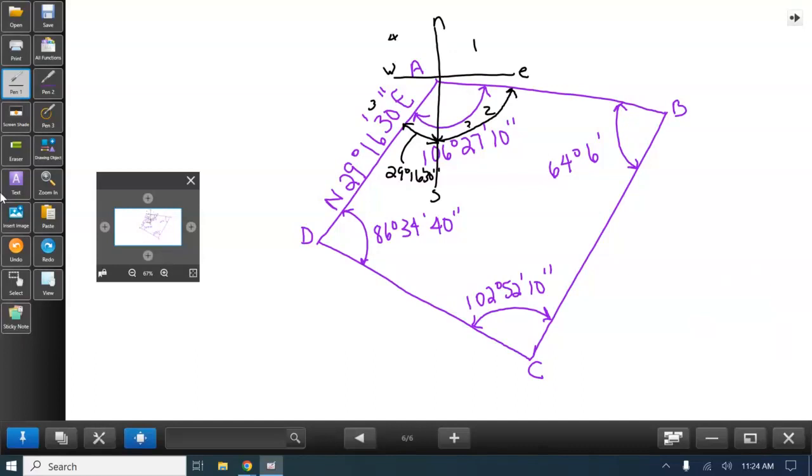So how can I, if I got the total angle from the two lines is 106 degrees, 27 minutes, 10 seconds, and I know what the angle from south is for A to D, you would take 106 minus the 29. Yep, and that'll give you what's left over.